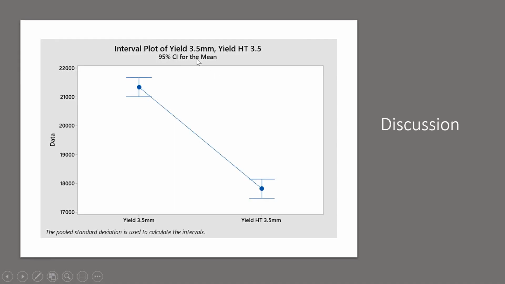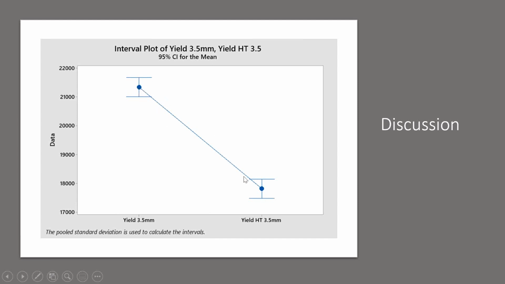Okay, so here are some data points from the 3.5 millimeter test bars. This is the as cast condition, and this is the heat treated condition. We're right around 21 KSI to 22 KSI, and that would be our total range with a mean right around 21.4 KSI.